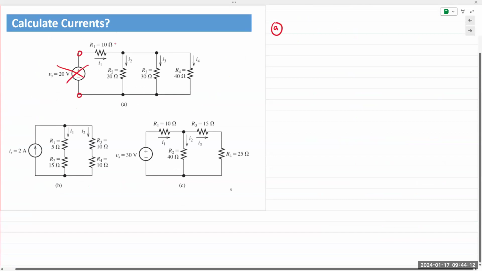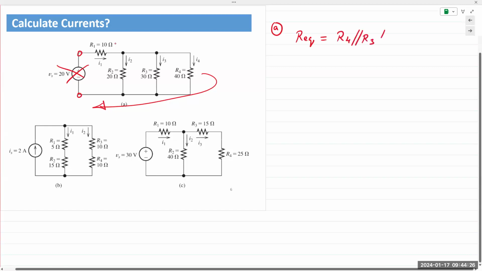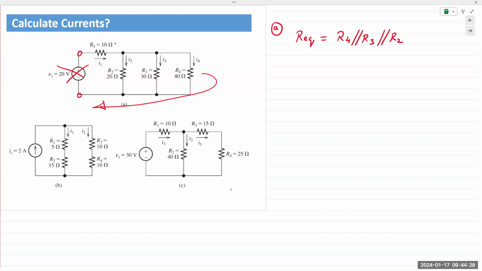And we start at the farthest end and we move towards the front end. So if you want to find Req, and I start at the farthest end, I see R4 is in parallel with R3 is in parallel with R2. Someone calculate this and give me the answer, please.